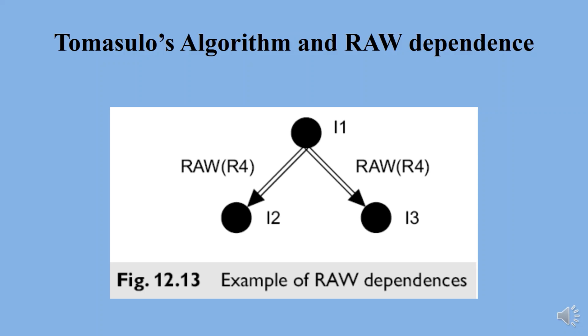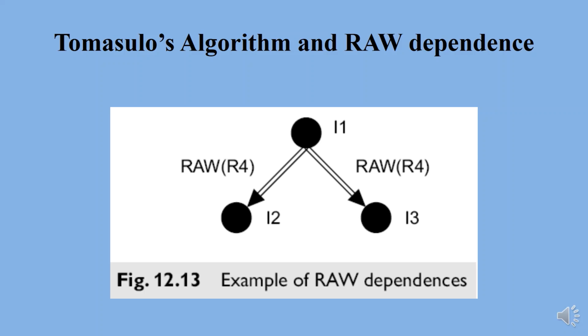Thus, through the use of source tags and the common data bus, in one clock cycle, three destination registers receive the value produced by I1: programmable register R4, and the operand registers in the reservation stations assigned to I2 and I3.